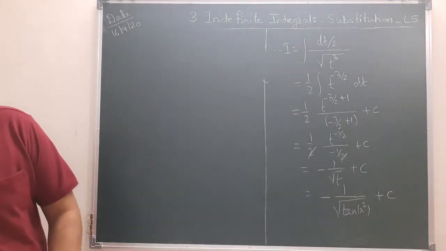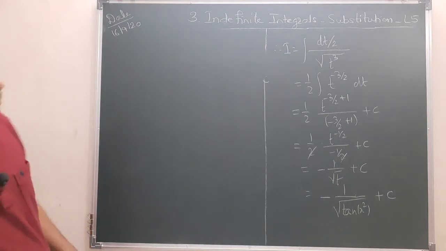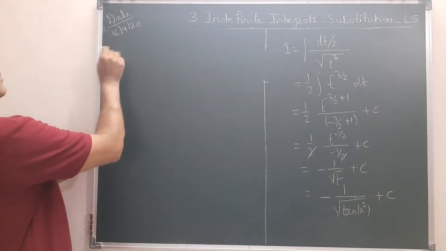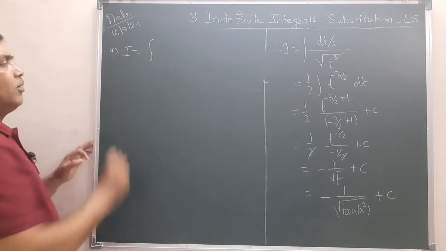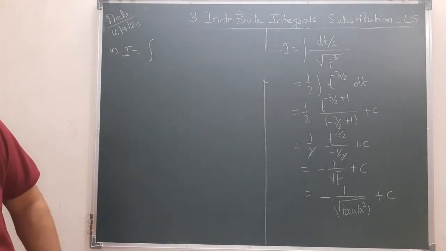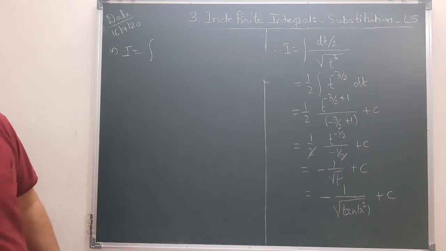Example number 5. I equals the integral of e raised to 2x upon e raised to 3x plus 1.